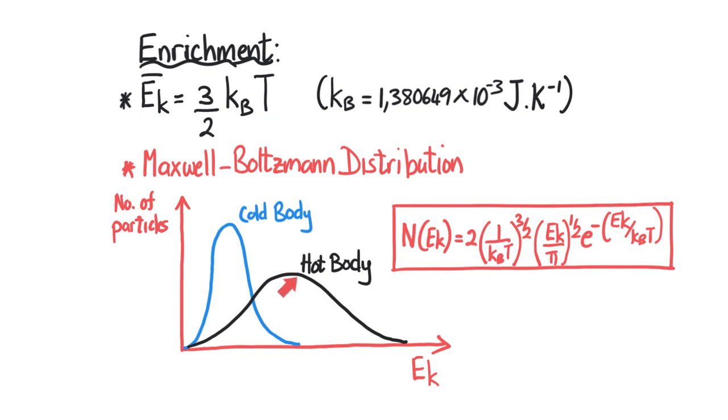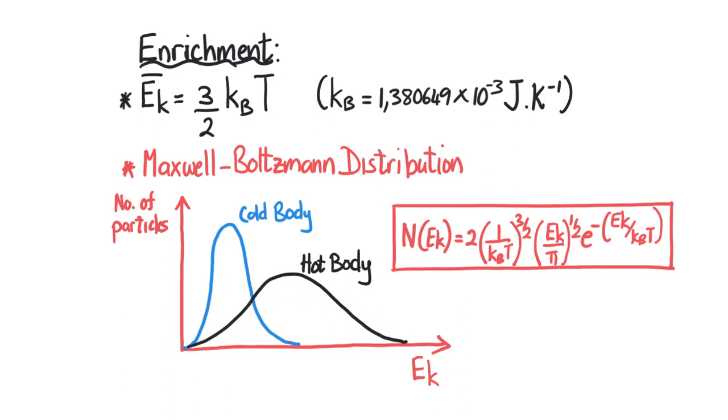So then the average kinetic energy will sit here for a hot body at a particular temperature, which is much higher than for when the body is at a lower temperature. Then we can see also that there's a greater spread of the energies. Now, Boltzmann and Maxwell set up this equation, which defines or describes mathematically this probability distribution.